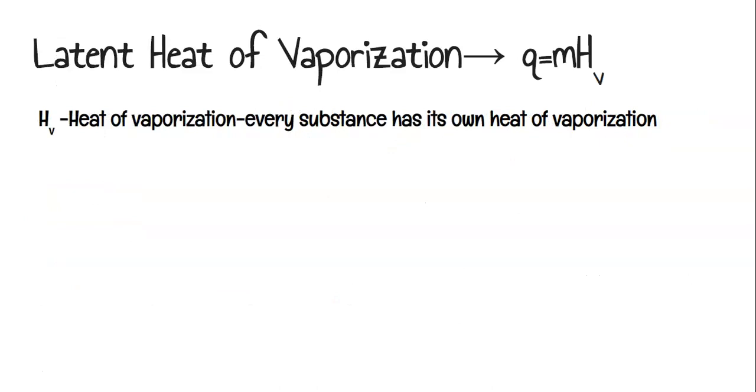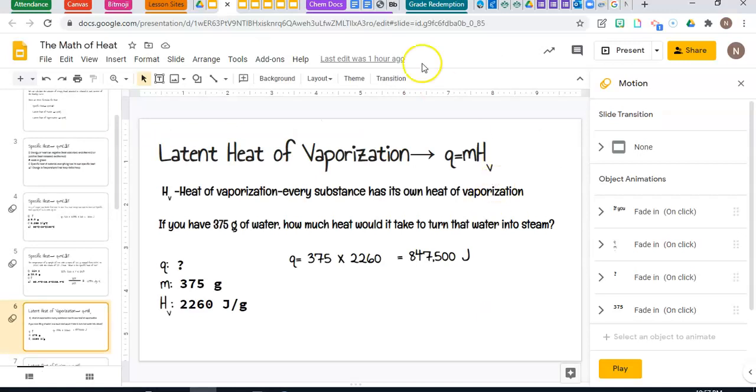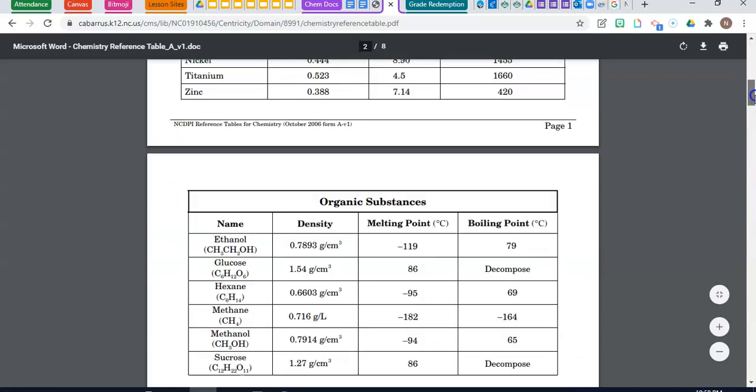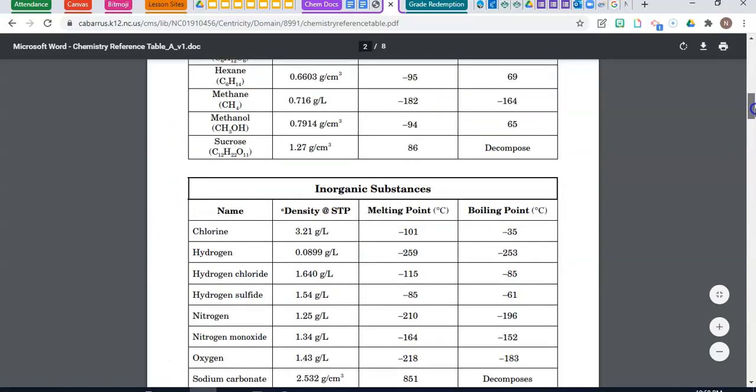All right, latent heat of vaporization. Every substance has its own heat of vaporization. Before we get into our problem, I want to show you that on your reference table. If you notice, they don't have it for metals, they don't have it for your organic substances.